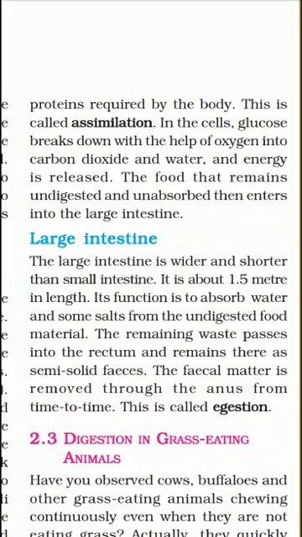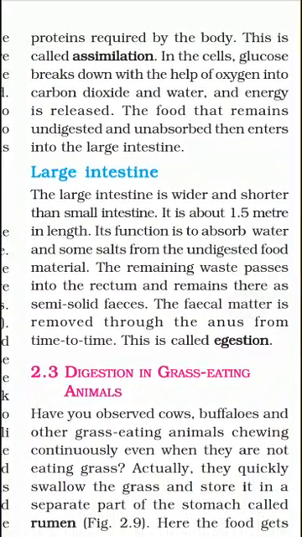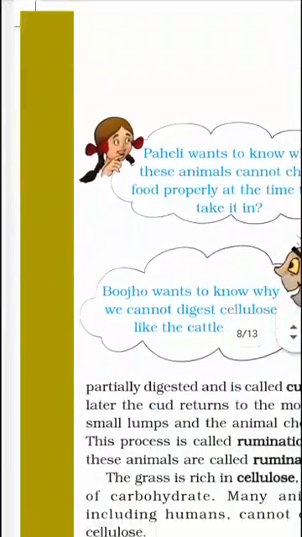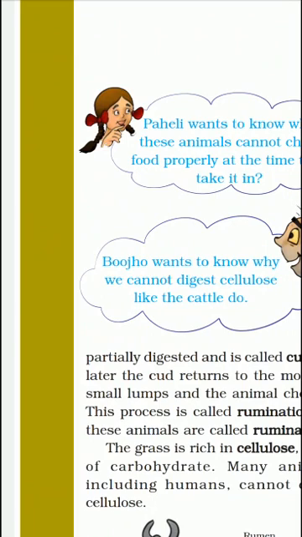Now we will study digestion in grass-eating animals. Grass-eating animals are also called ruminants, such as cow, buffalo and other animals, because they have a special compartment in their digestive tract called the rumen, and here food gets partially digested and is called cud.